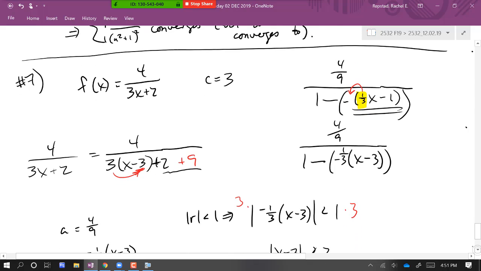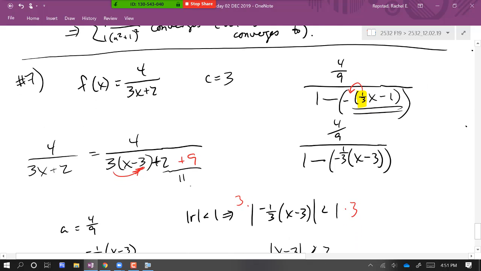That makes 11 here. And it looks like in order to make that a 1, you probably have to multiply by 1/11. So there's some dispute about this value.